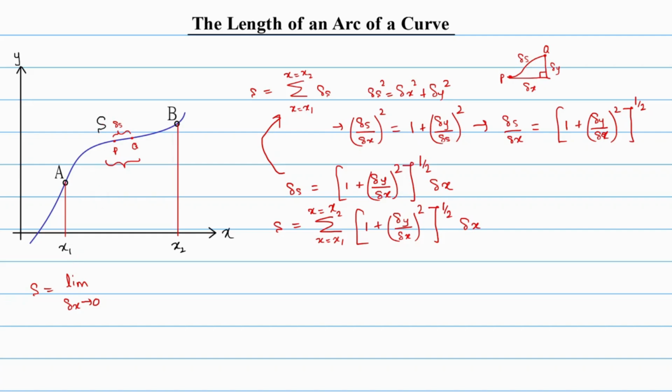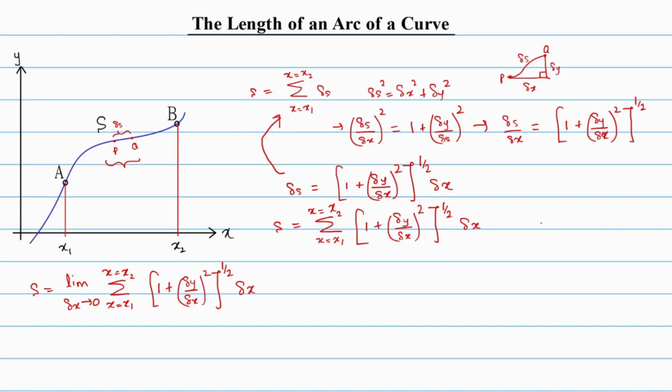So we're going to set delta x to 0 using our limits and simply rewrite that here. x equals x1 to x2, 1 plus (delta y over delta x) squared, the entire thing raised to the power half, delta x.